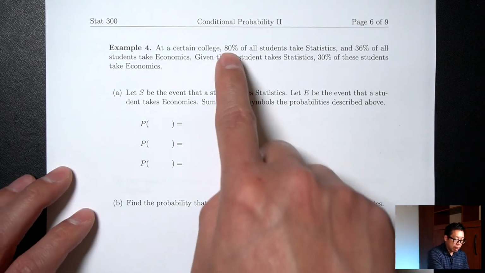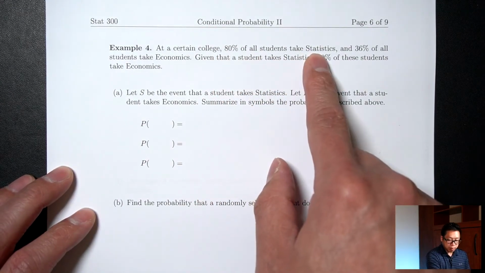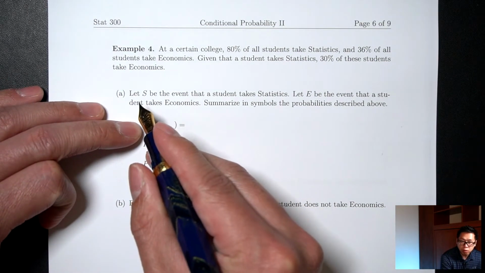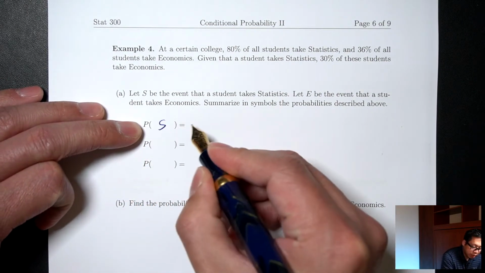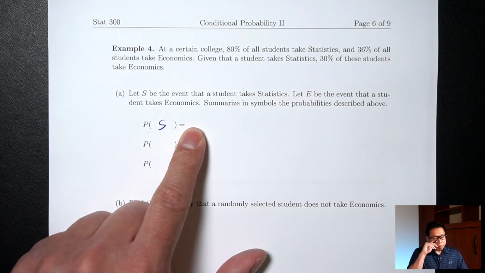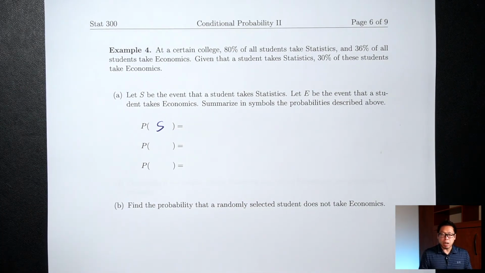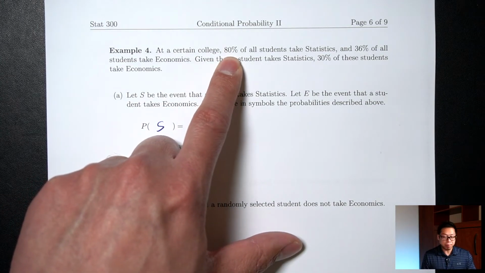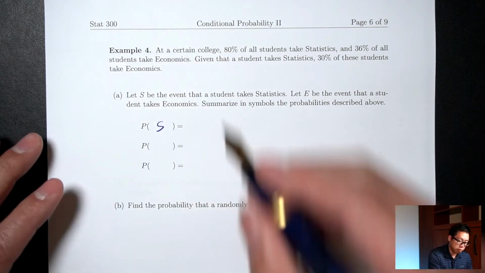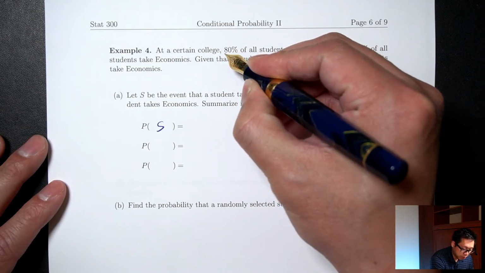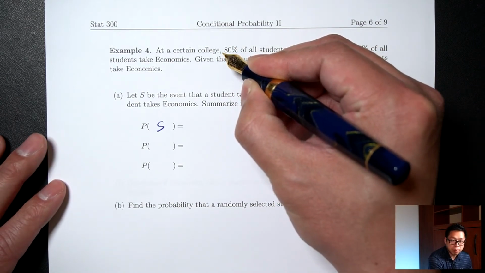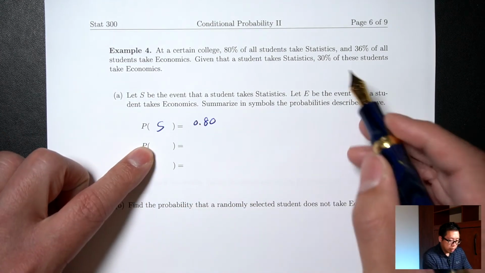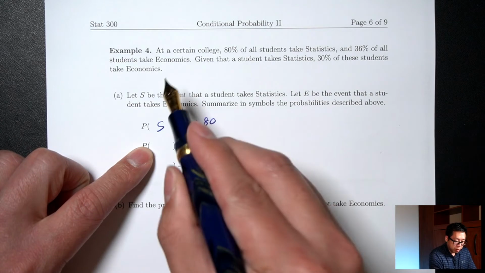Okay, so we're told that 80% of students take statistics. So the probability of getting someone who takes statistics, and S stands for statistics, is 80%. Now, anytime we're going to be doing any computation, we need to convert the percent back to decimals. So 80% as a decimal, so just move the decimal 2 to the left, that's 0.80. 36% of students take economics.